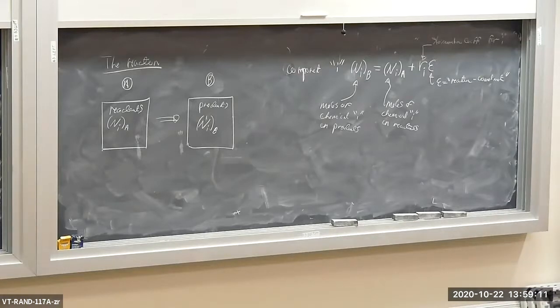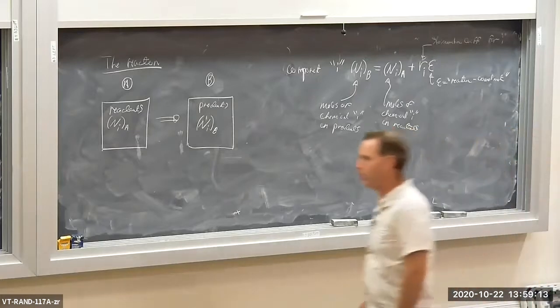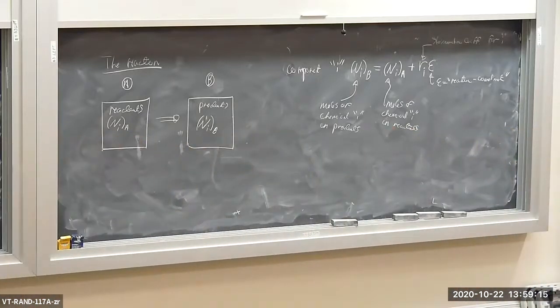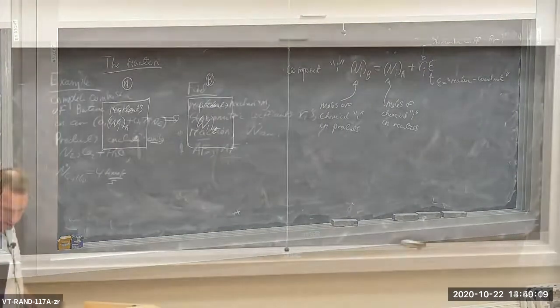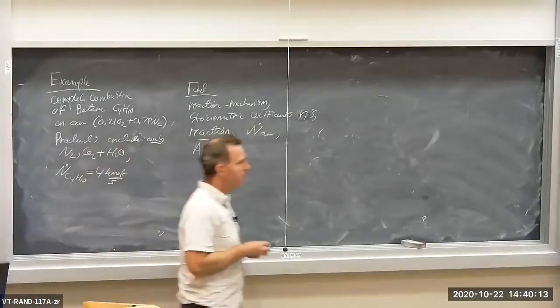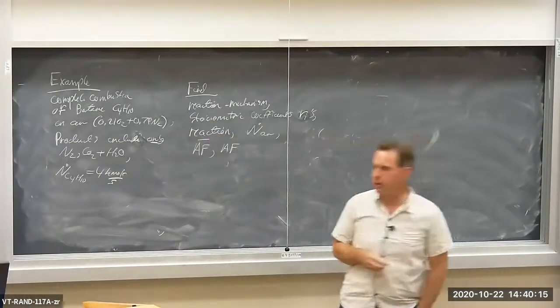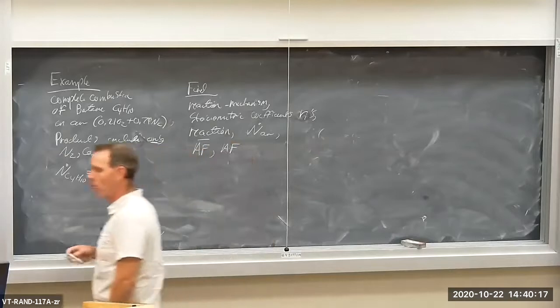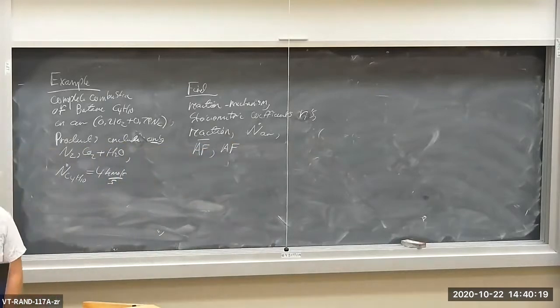Let's go through and do a proper example here. All right, ladies and gentlemen, we have complete combustion of butane. Butane is C4H10, burned completely in air.